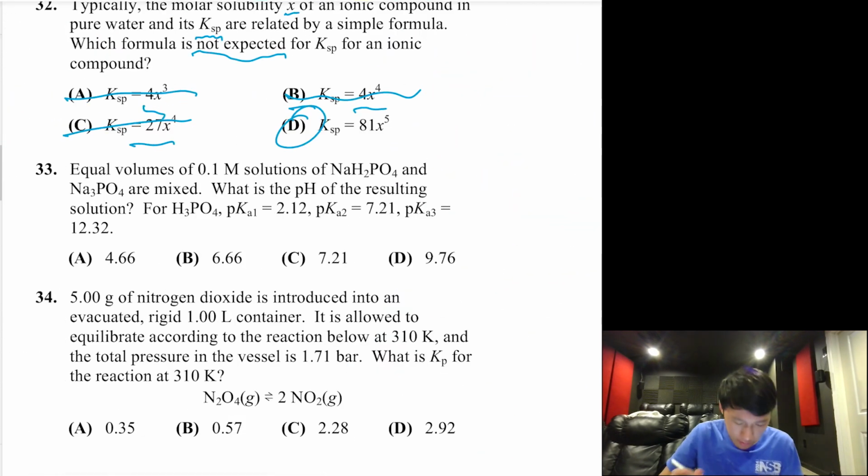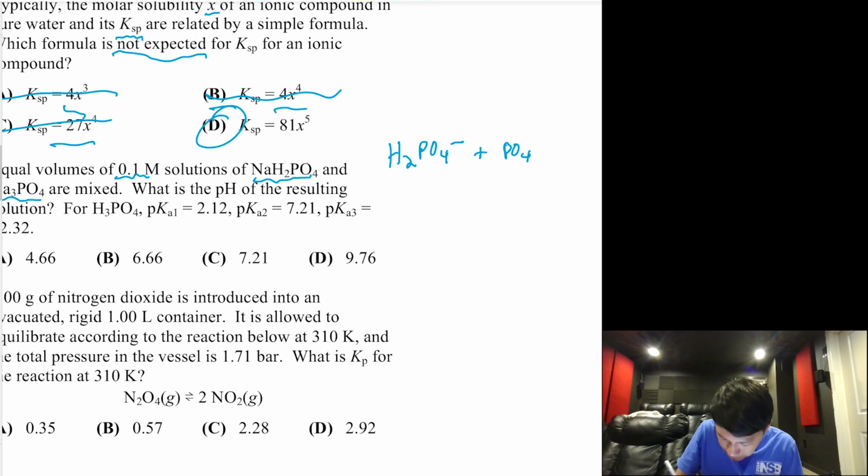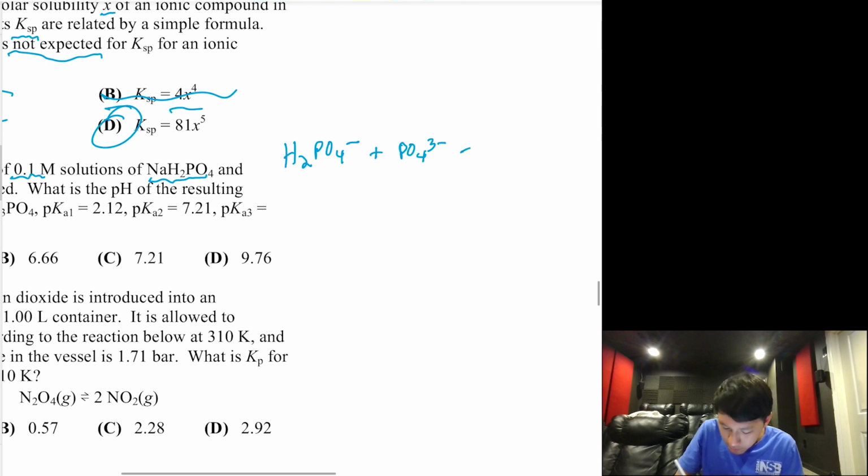Problem 33. Equal volumes of 0.1 molar solutions of NaH2PO4 and Na3PO4 are mixed. What is the pH of the resulting solution? And then they give us the pKa values. In this case, the major equilibrium we're going to be talking about is H2PO4 minus and PO4 3 minus, where the H2PO4 minus protonates the PO4 3 minus, creating 2 HPO4 2 minus.